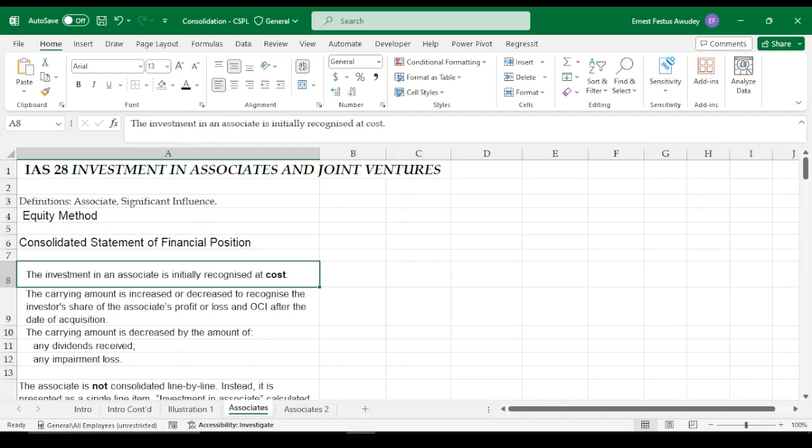Now, what is the equity method? The equity method is where the investment in the entity, in this case the associate, is initially recognized at cost. Then this amount is adjusted subsequently for any post-acquisition changes in the investor's share of the net assets of the associate.